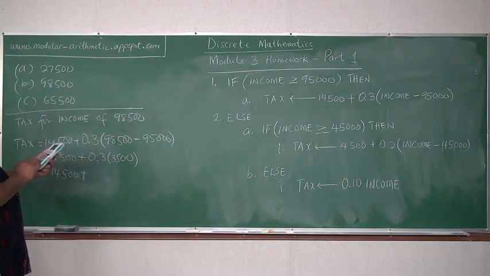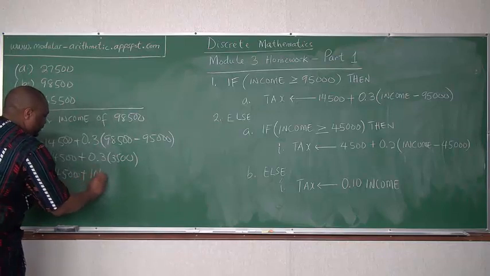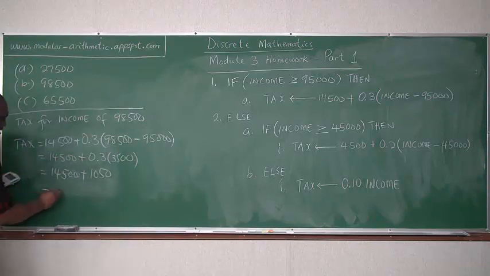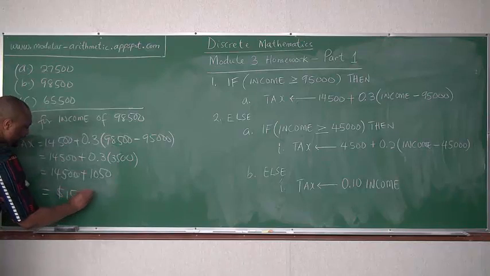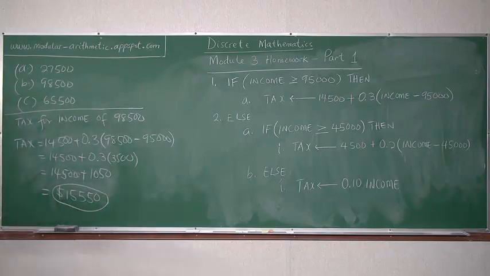So we're going to multiply 3,500 times 0.3, and that gives us 1050. Okay, plus 14,500, and that is $15,550.